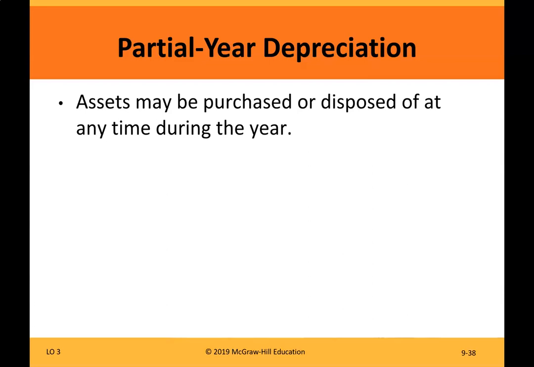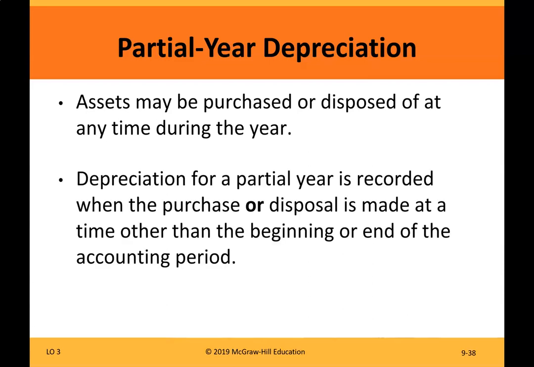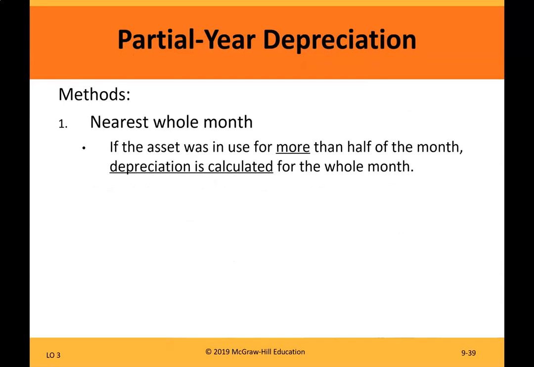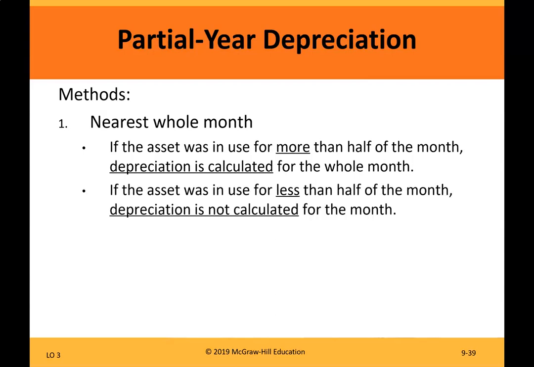Partial year depreciation. Assets may be purchased or disposed of at any time during the year. Depreciation for a partial year is recorded when the purchase or disposal is made at a time other than the beginning or end of the accounting period. Methods. Nearest whole month: if the asset was in use for more than half of the month, depreciation is calculated for the whole month.